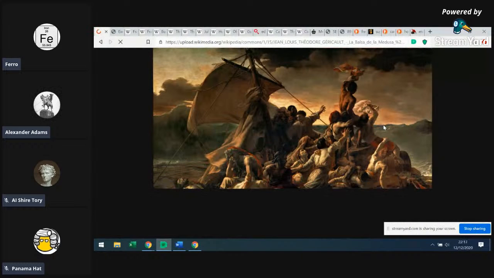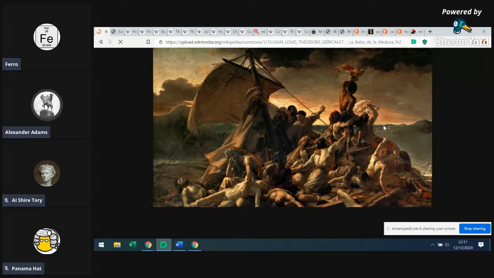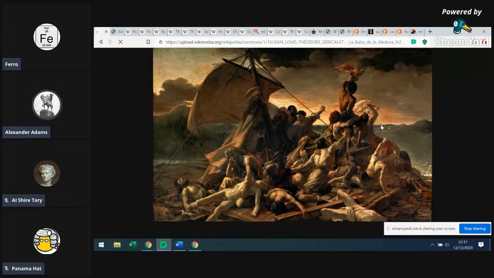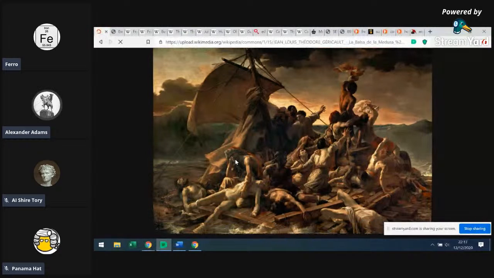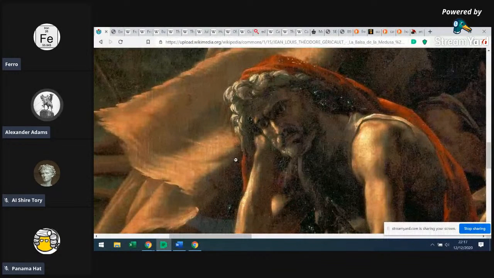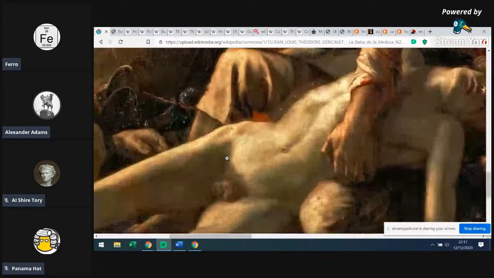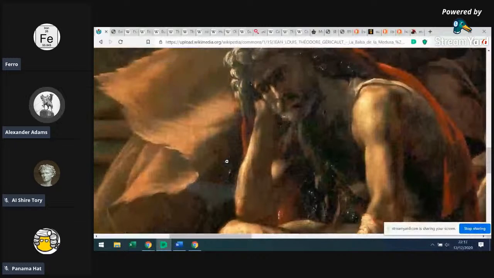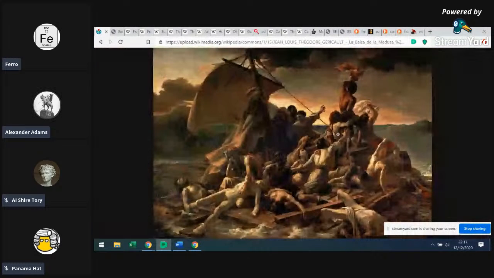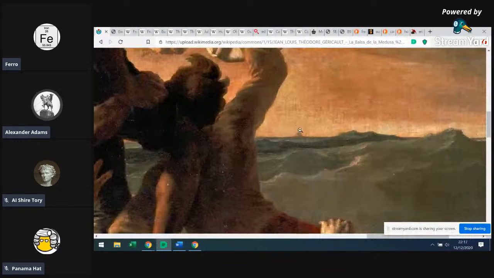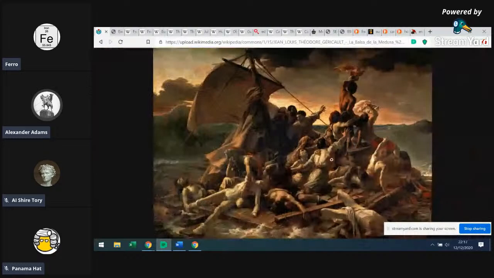Some of them feel that they are going to be rescued, whereas the figure on the left, with the sort of red cloak, is holding the body of his son, and he's despairing. He feels as though, well, even if he is rescued, his son is already dead. Interestingly enough, one of the models for this painting happened to be Delacroix, who's going to be an artist who we'll see in a moment. Yep, that's the ship.